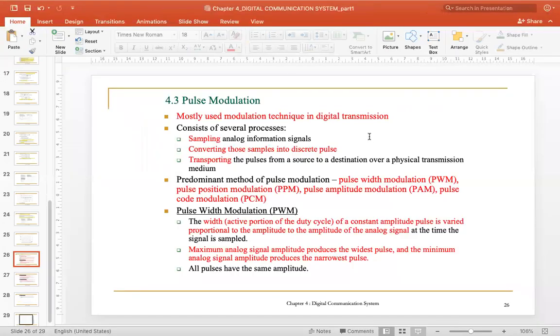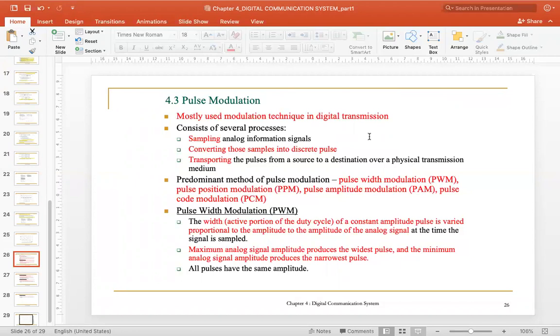If you look at your slide, you have another part, which is chapter 4 part 3, but I won't prepare a video lecture for part 3 because it's not covered in your final exam. You can still read through chapter 4 part 3 as extra information on the application side, where this digital modulation is used in real applications.